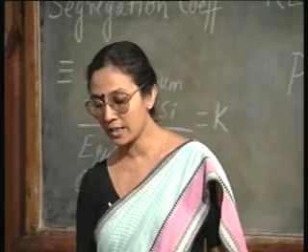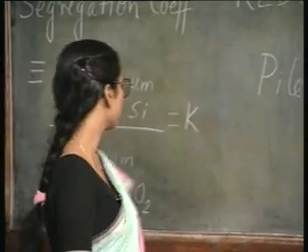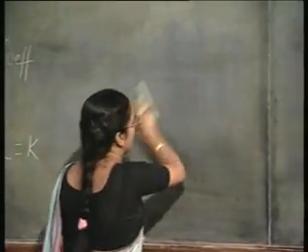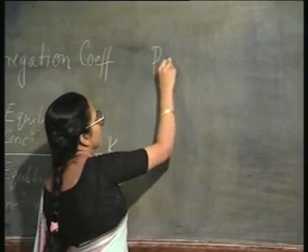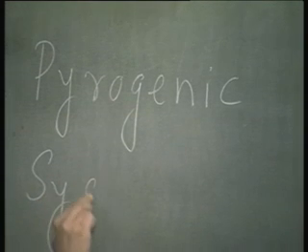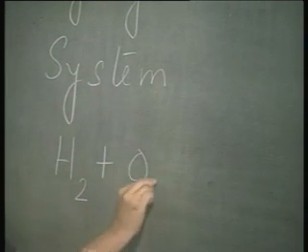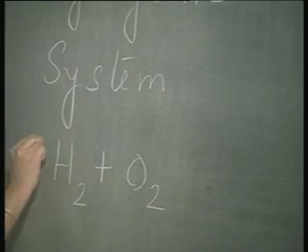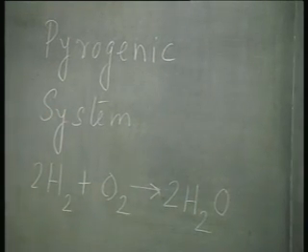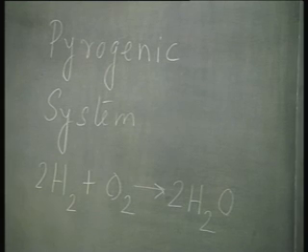This is called a pyrogenic water system or pyrogenic oxidation system, where a mixture of hydrogen and oxygen is introduced and forms water inside the system, and this reacts with the wafer to form the oxide.